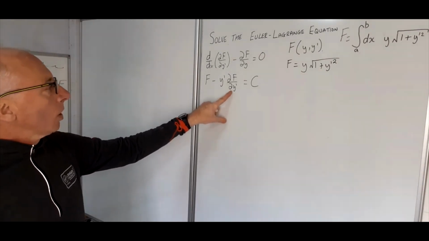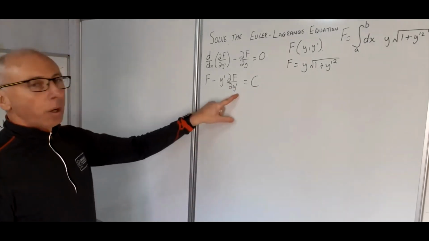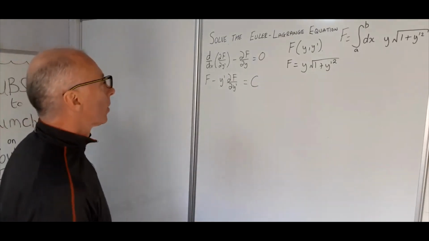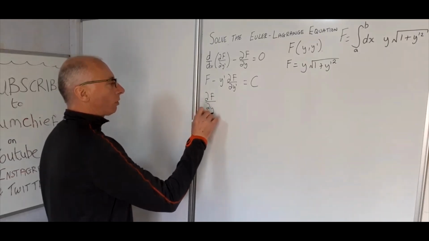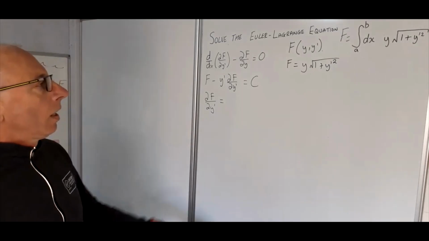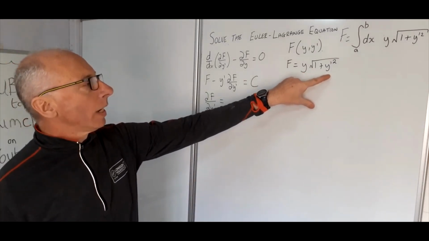So if we find the partial of this with regards to y prime, then we're on our way to finding our equation for the constant. So let's find the partial of f with regards to y prime. We've got y times the square root of 1 plus y prime squared.